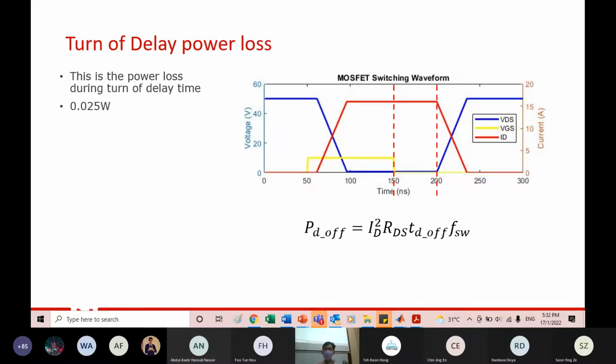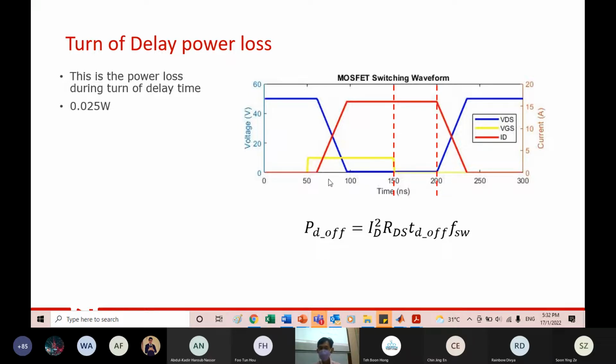Now we go on to the next step, the turn off delay power loss. It means you already turned off, you see the yellow color, but your transistor remains turned on for a very short moment of time. This turn off delay is pretty straightforward.